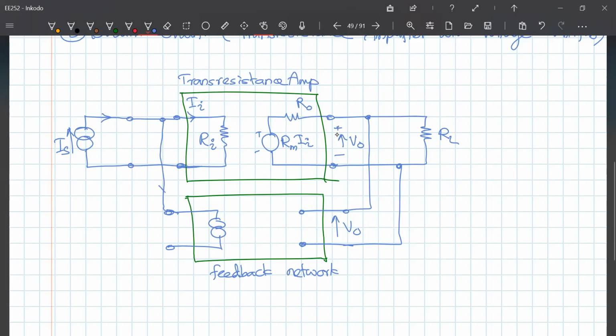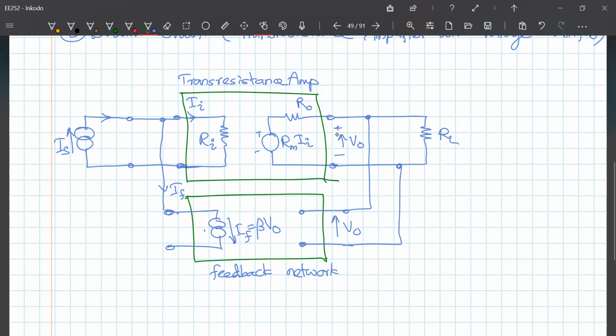So the current feedback should be negative: IS minus IF is the current. So IF should be in this direction, which is equal to beta times V out. Remember, beta now is a 1 over ohms quantity, I equals V over R kind of thing. So beta is the feedback gain.